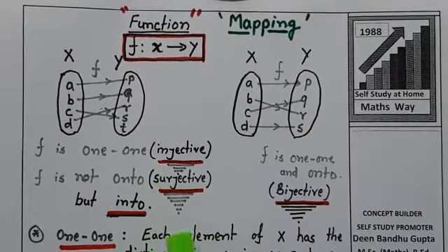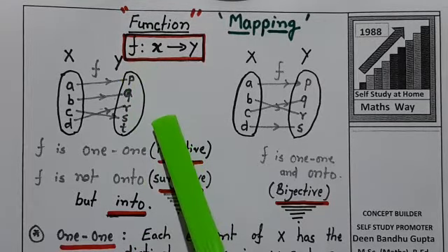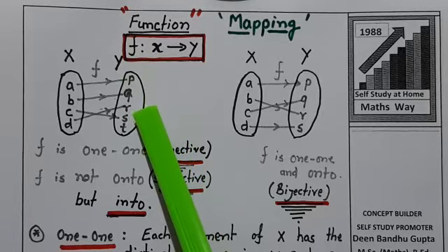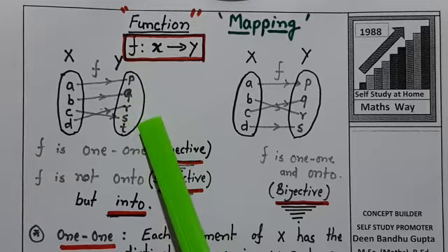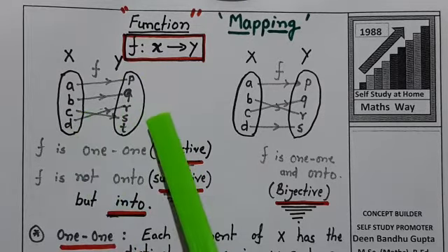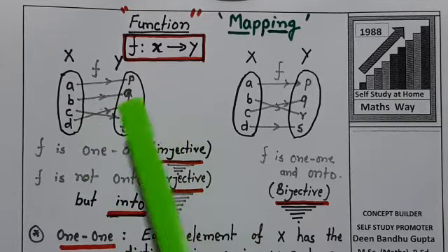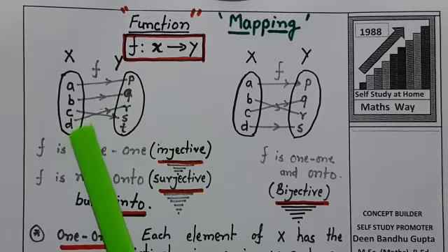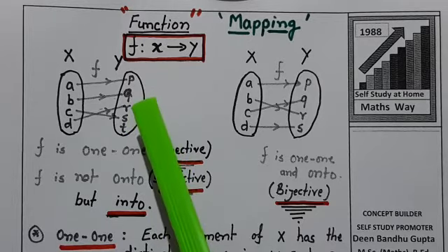If any element is remaining in set y, the second set, which is not having a pre-image of any element of the first set, not having the pre-image, see here t is not having any pre-image, then it is not onto.